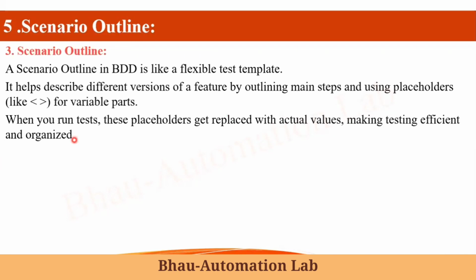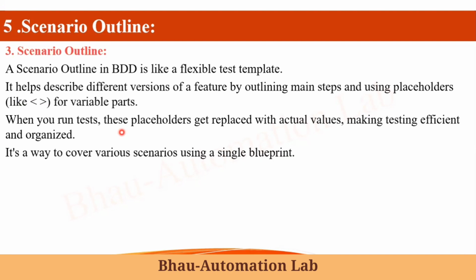If you give any hard-coded value, it will remain the same in the test. But if you use a scenario outline and put the value in the open and close brackets, it will be replaced with whatever example values you provided. So this is the scenario outline.